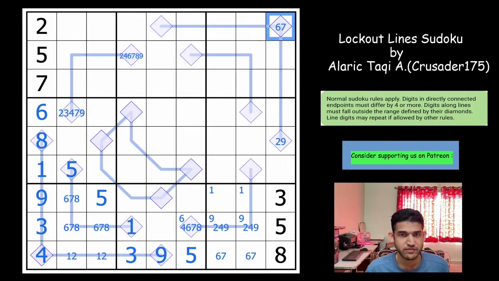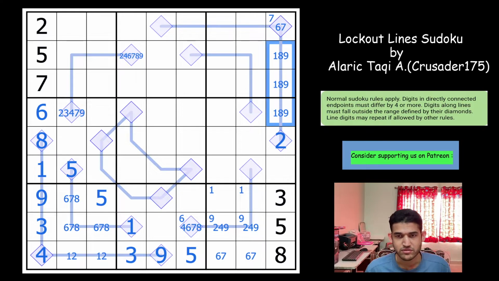So this is 6 and 7, which means this cannot be a 9. It has to be a 2. And I think this has to be a 6 now, because if you have a 7 here, the only way to fill in these digits are 1, 8, 9, right? That's the only way. The digits must be outside the range and must not be the same as the digits on the diamonds.